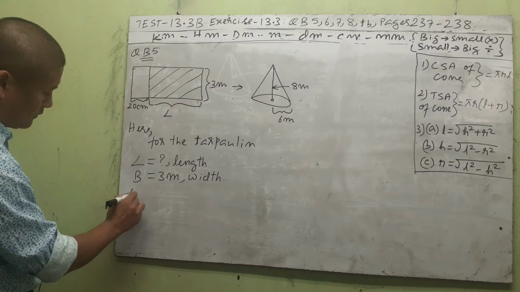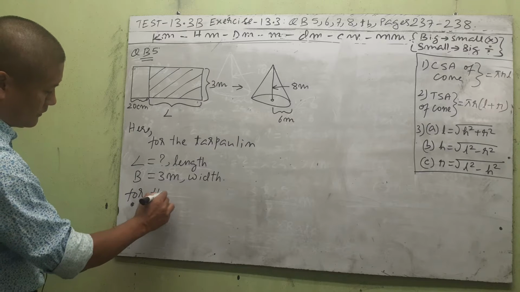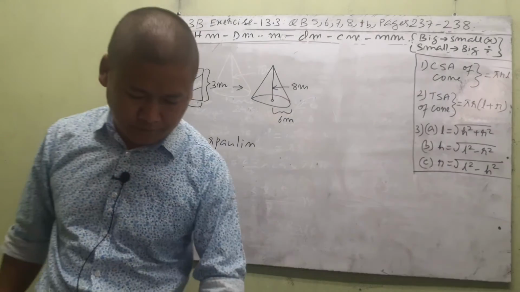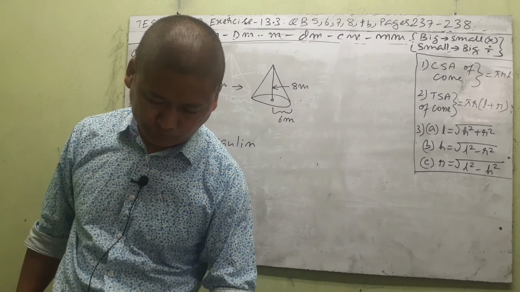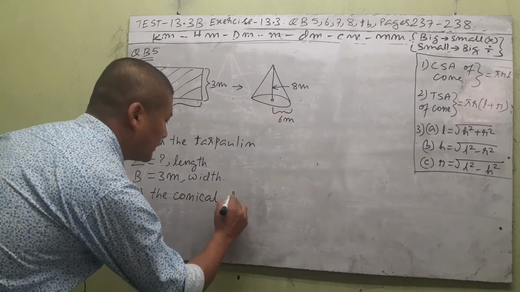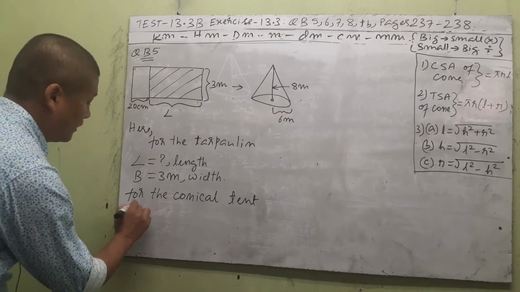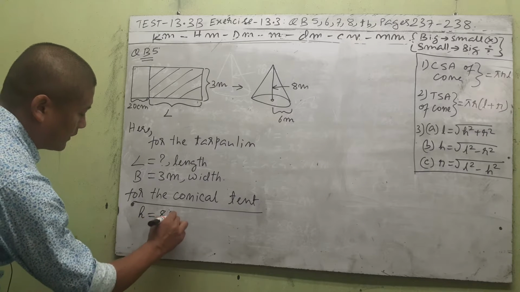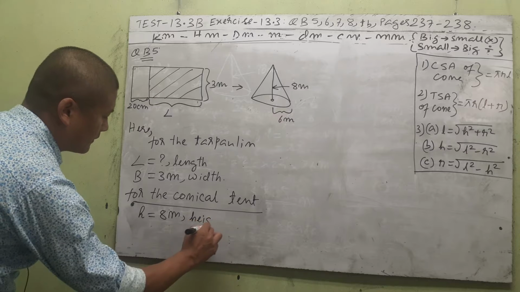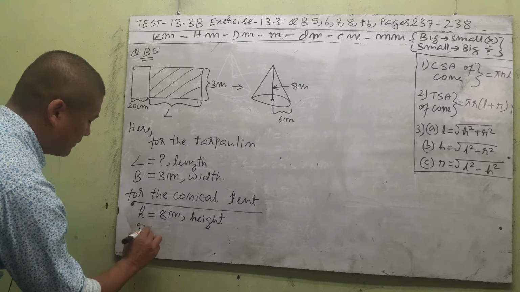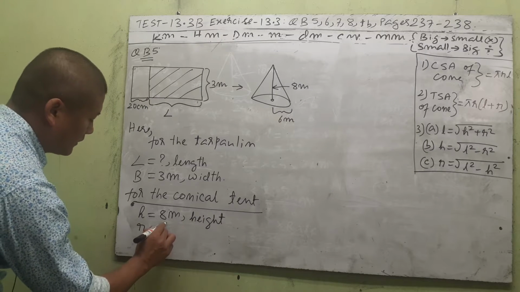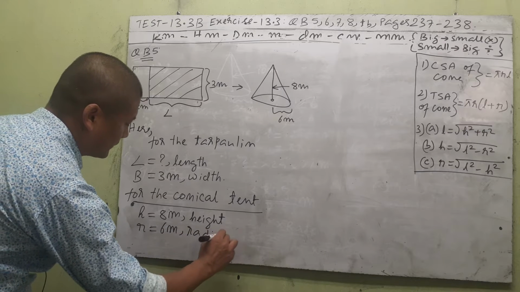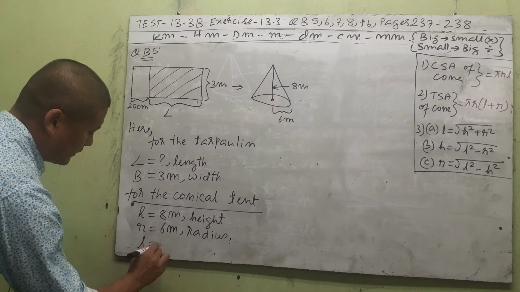So for the conical tent, conical shaped tent, here we have clearly height, means vertical height 8 meter, and the radius of the base R is 6 meter, the radius. The slant height is what we don't know.